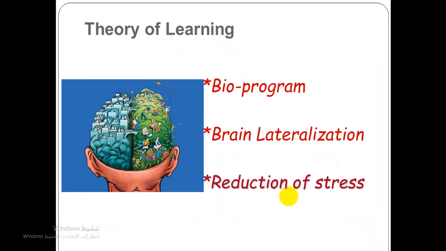What is the theory of learning according to the total physical response method? We have three learning hypotheses or assumptions, which are bioprogram, brain lateralization, and reduction of stress.